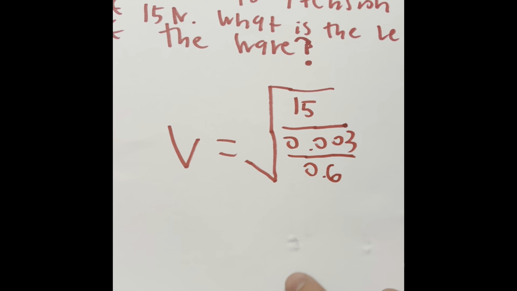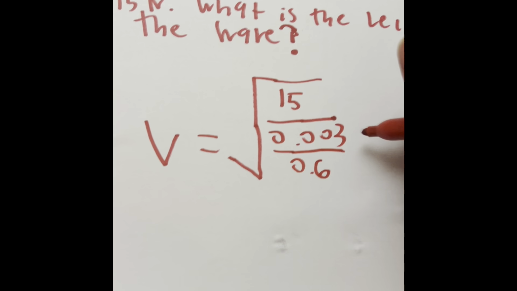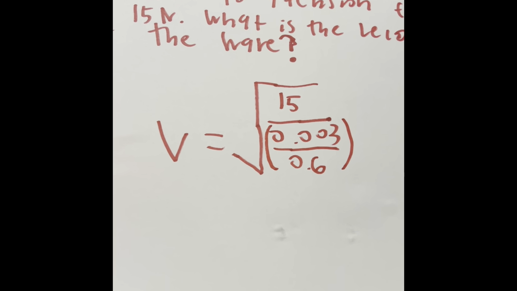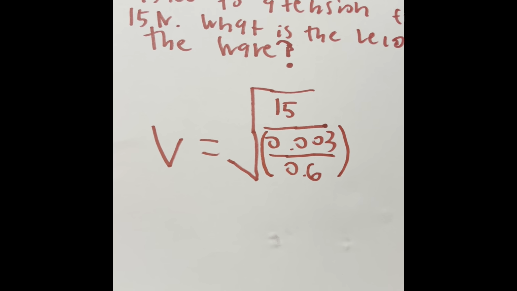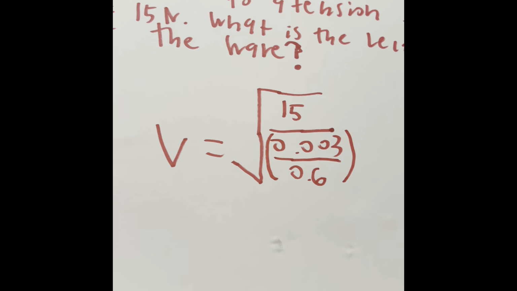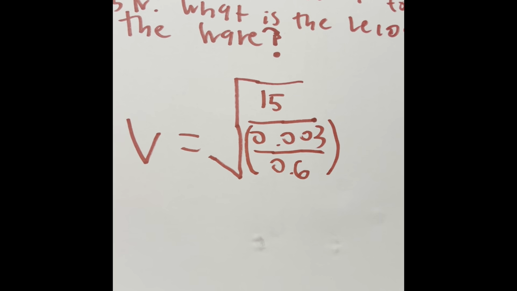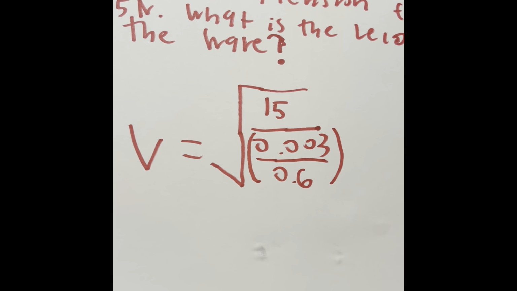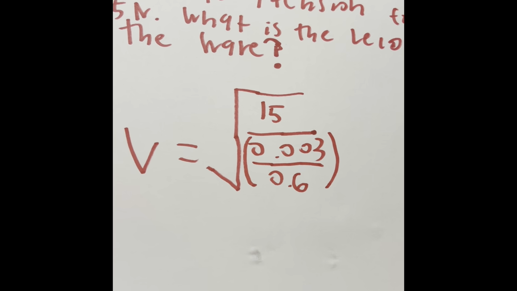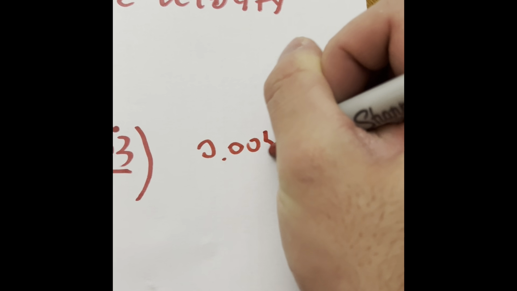How fast will the wave go when you pluck the guitar string? You have to add parentheses because of PEMDAS, or order of operations. You have to do the fraction before you do the square root. So when you do 0.003 divided by 0.6, you get 0.005.